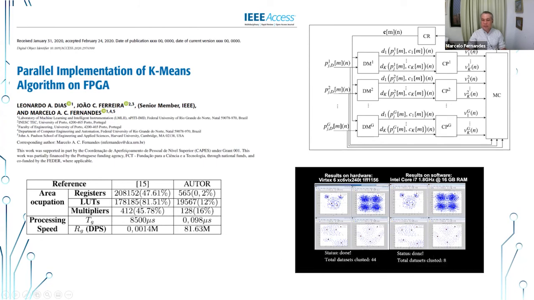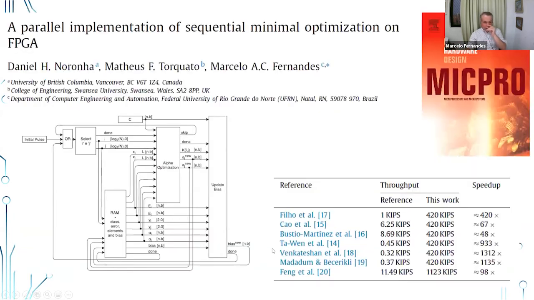You can see here the difference in performance between the hardware accelerator and the conventional scheme.